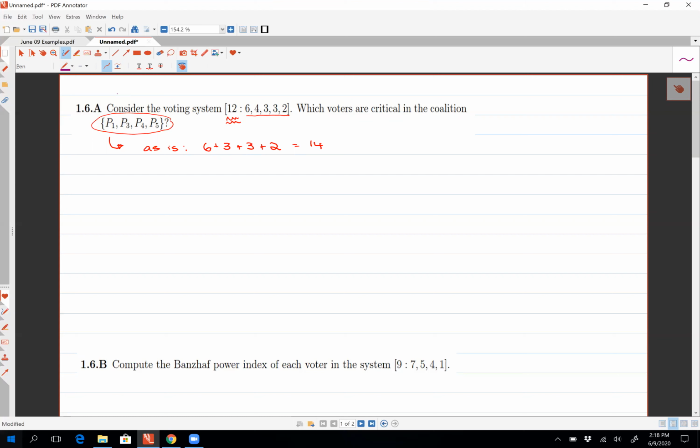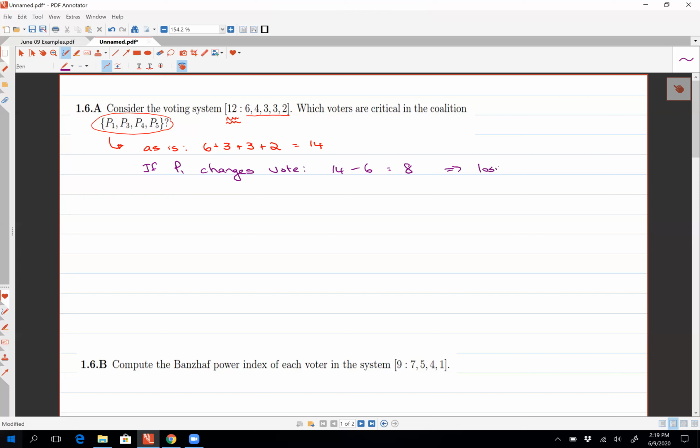Now we want to evaluate what happens if any one of those voters changes their votes. So what happens if P1 changes their vote? Well, instead of a vote total of 14, they would lose 6 votes. There would be 8 left. So with 8 votes, it's no longer a winning coalition.